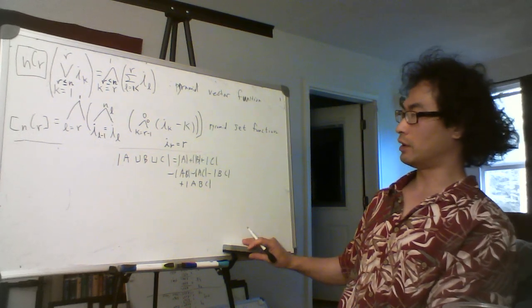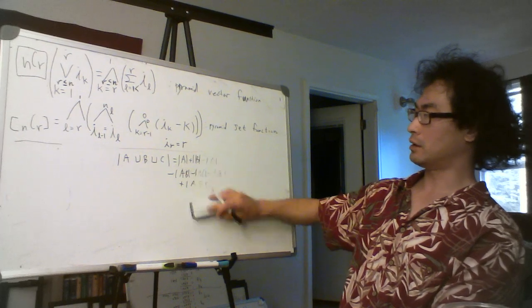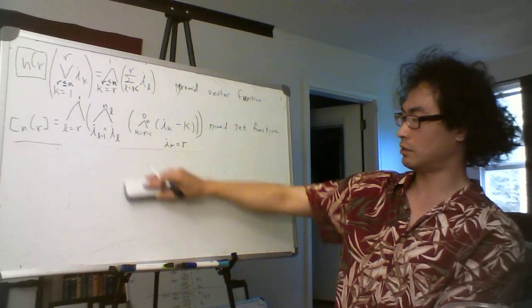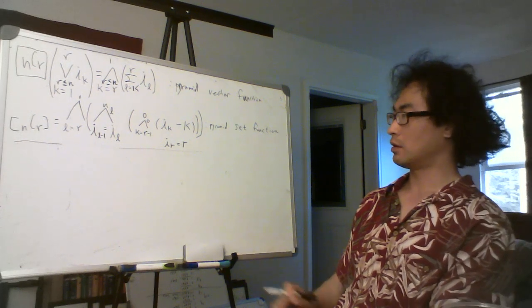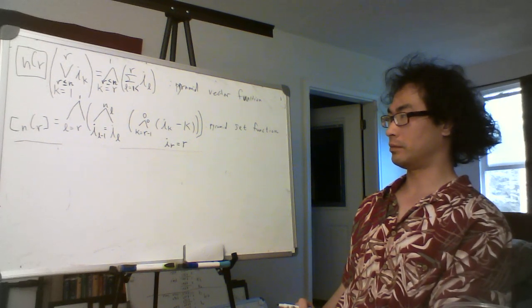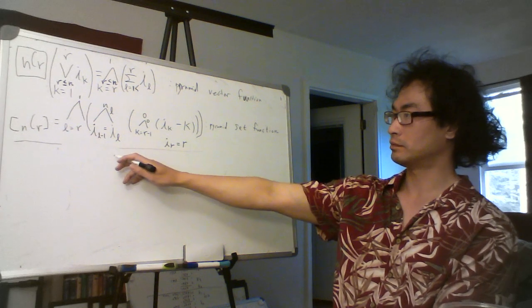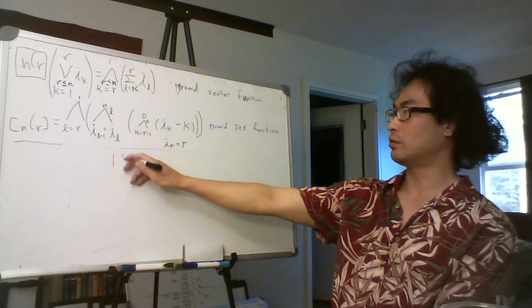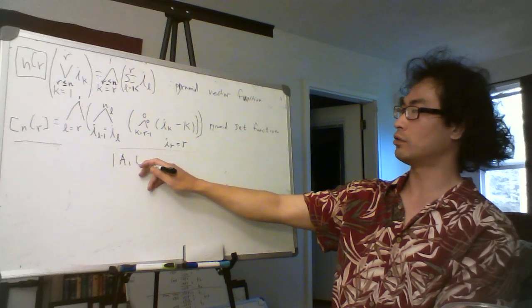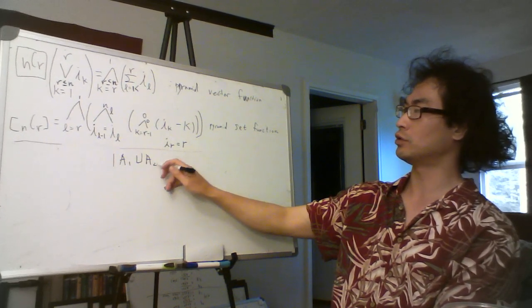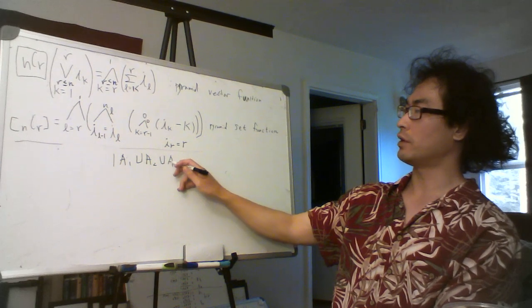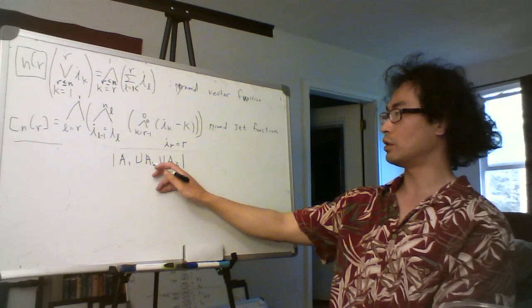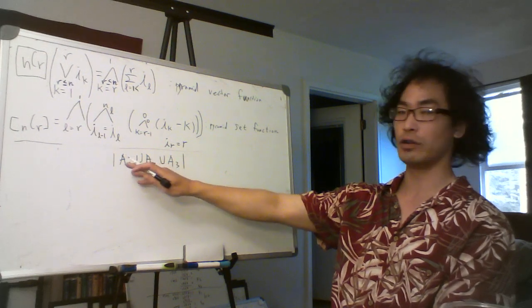So we're going to express this as a general thing. Let's just call it A1 union A2 union A3. We can also express this as just 1, 2, and 3.